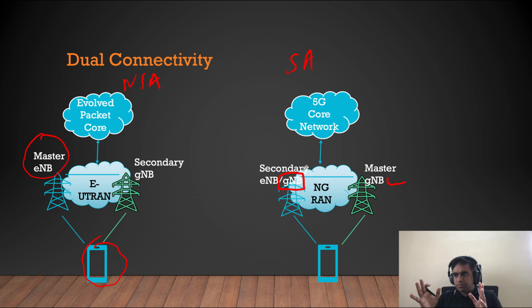One is this dual connectivity helps us to deliver faster uplink and downlink data rates for the end users, that is for sure.